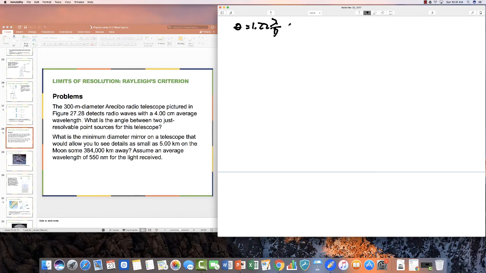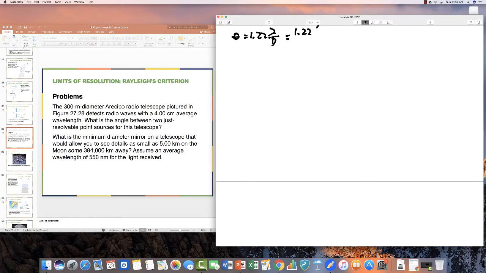This is not the sine of theta. So we go 1.22 times the average wavelength, 4 times 10 to the minus 2 meters, divided by 3 times 10 to the 2 meters. And if we do the math here, we get 1.6 times 10 to the minus 4 radians. So that's the angle.